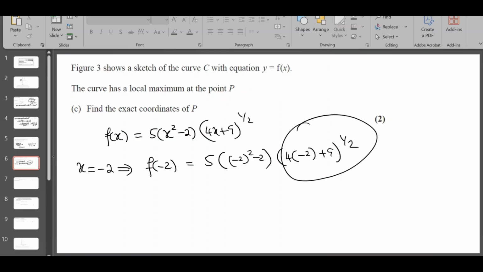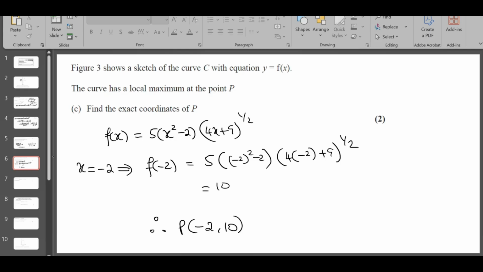This is basically 1 because 9 minus 8 is 1, 1 to the power half is 1. 5 times 4 minus 2 is just 2, 10. Therefore, P is minus 2, 10.